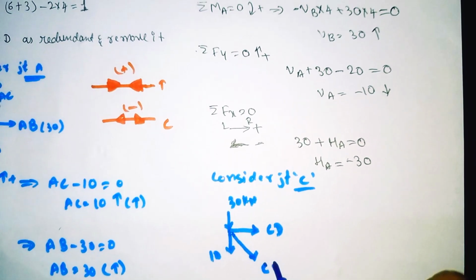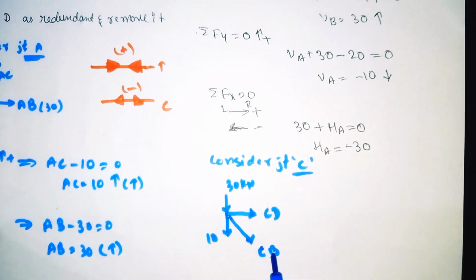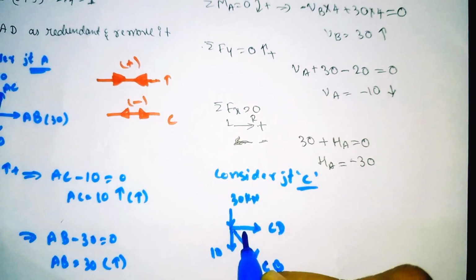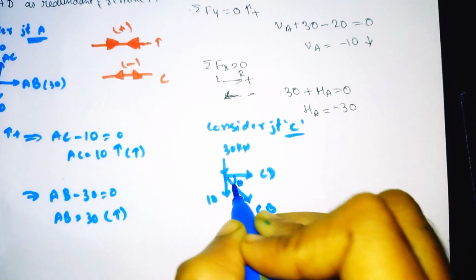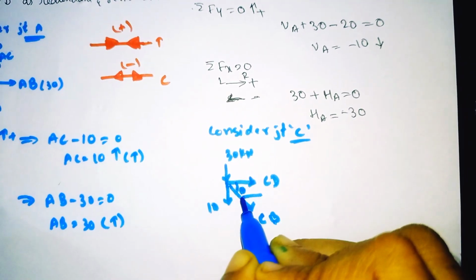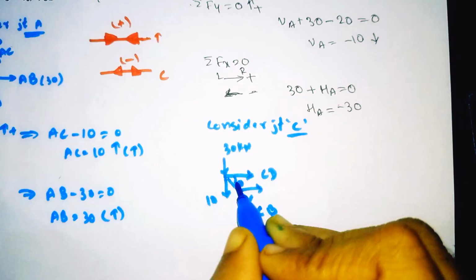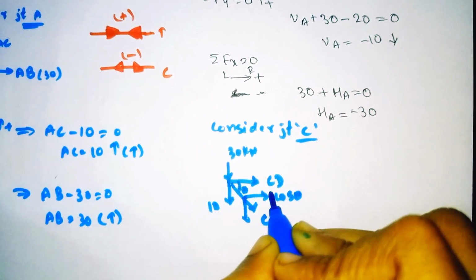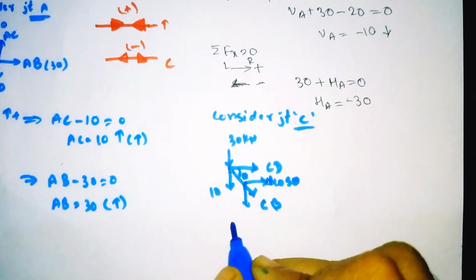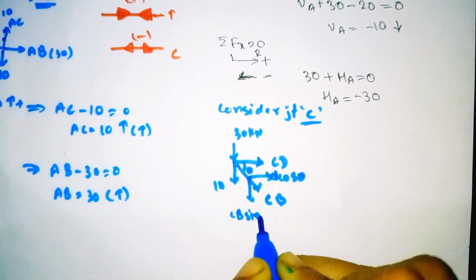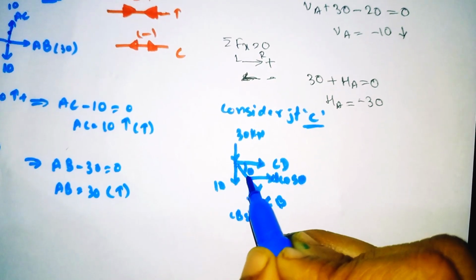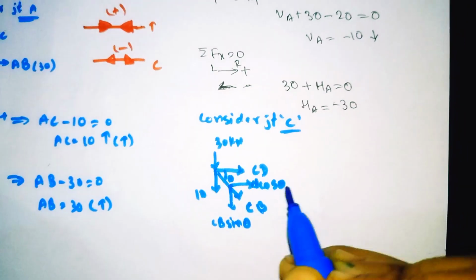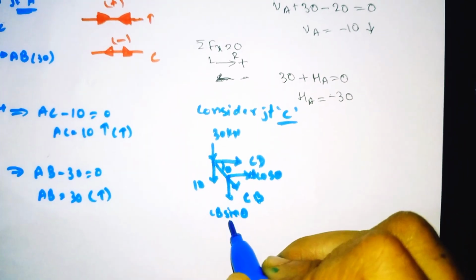The diagonal element has the angle theta, so 2 components will come. The one with the angle has the cos term: CB cos theta, and CB sin theta.